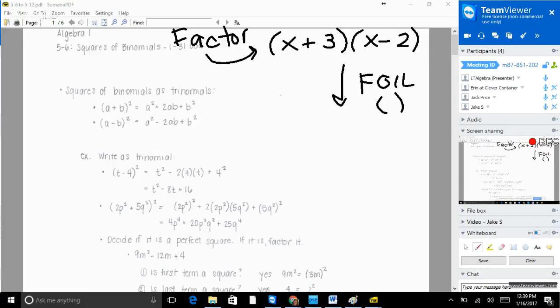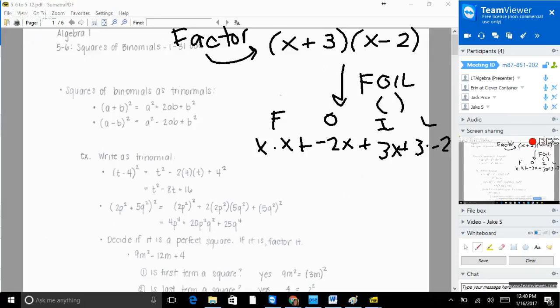So to FOIL, what we do is we do our first, outside, inside, last, right? So first is going to be x times x, plus our outside, which is going to be negative 2 times x, plus our inside, which is going to be 3 times x, and our last is going to be 3 times negative 2.